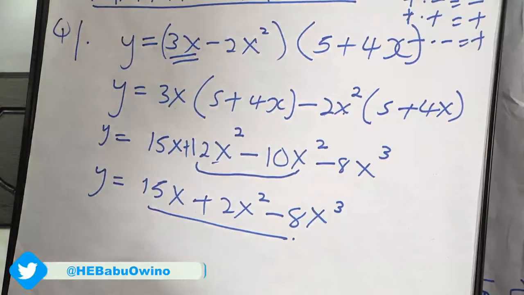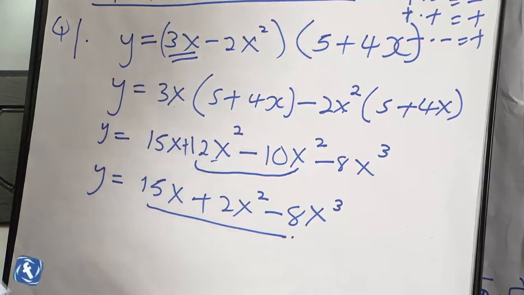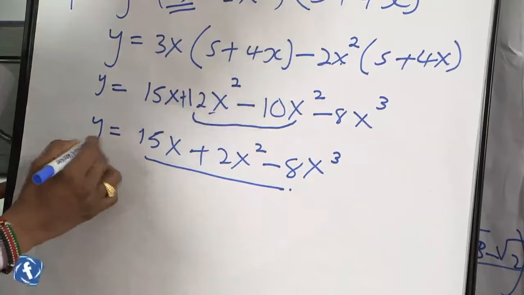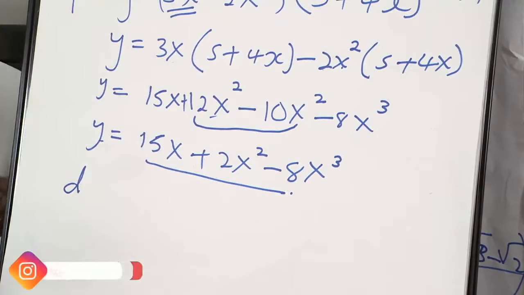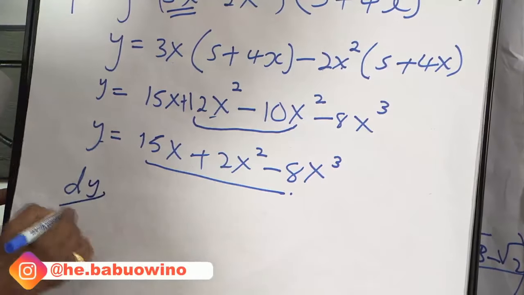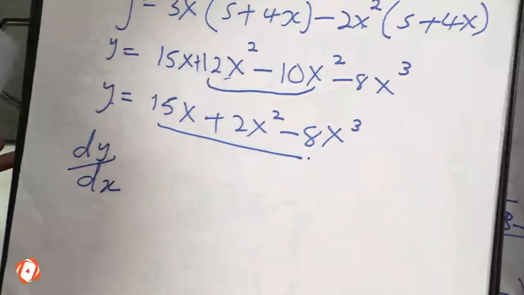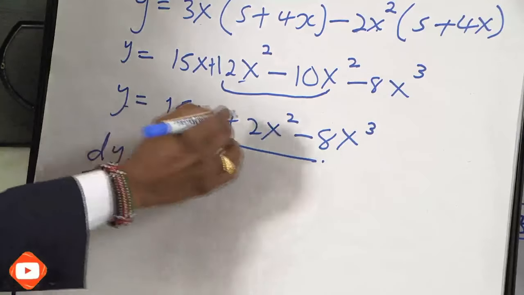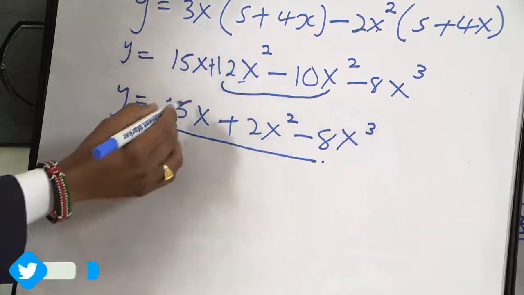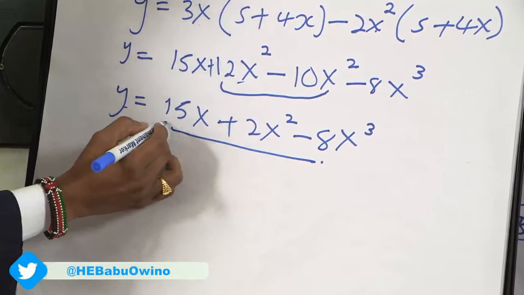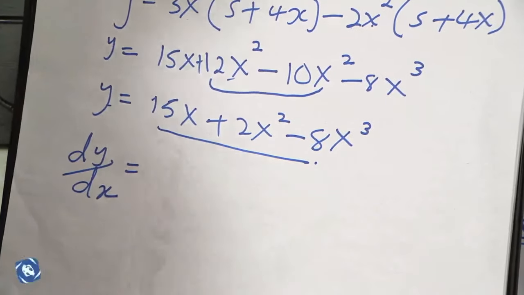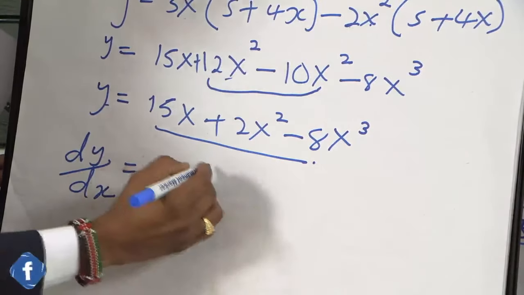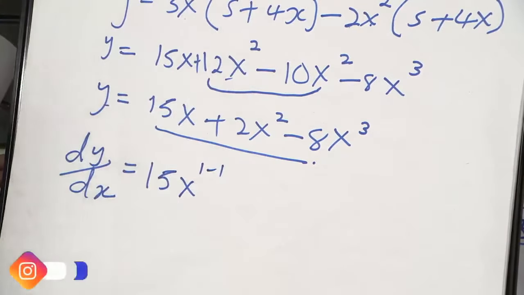That is differentiation. Differentiation is the gradient function. Now we are going to get y with respect to x, that is dy/dx. This is now what we call differentiation. Now when we want to differentiate, we'll differentiate every part that we have here. So we'll first of all start by differentiating 15x. In differentiating 15x, we have 15x, then x is raised to power 1, you subtract 1.